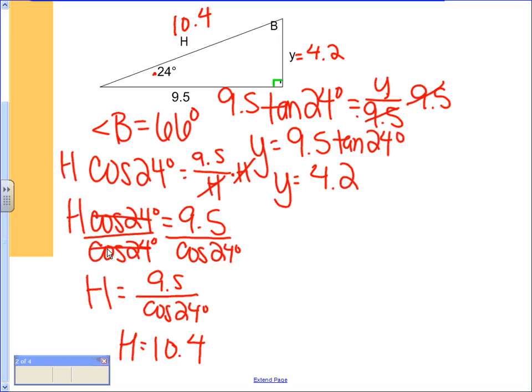If it doesn't, go back and look, see what you did wrong. Any questions so far? Okay. Yeah, it wasn't exactly because we had rounded. So it should be really close. Sine, cosine, and tangent. That's all of these are practicing.